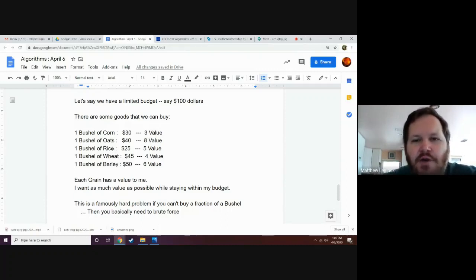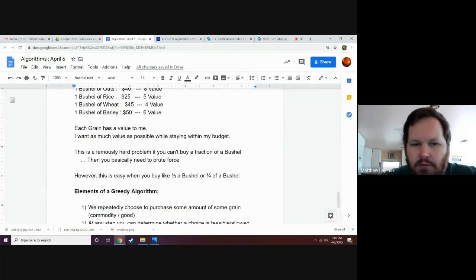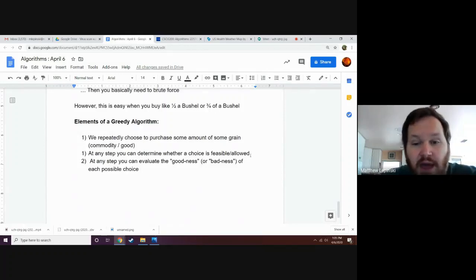So at every moment in time, I'm choosing to spend some amount of money on some fraction of a bushel of grain. What's feasible or allowed: in this problem, there's only 1 bushel available of each grain.